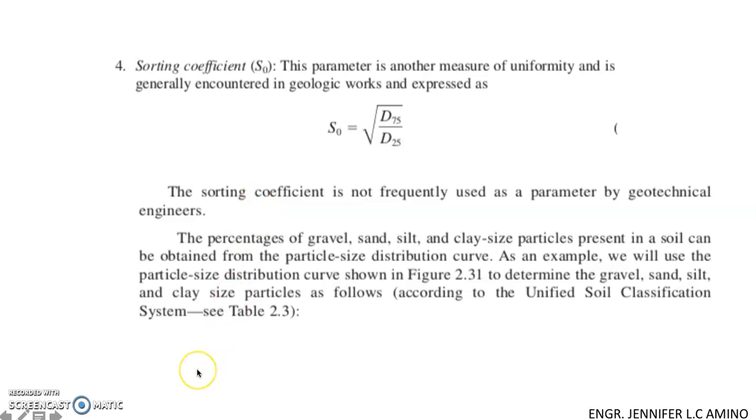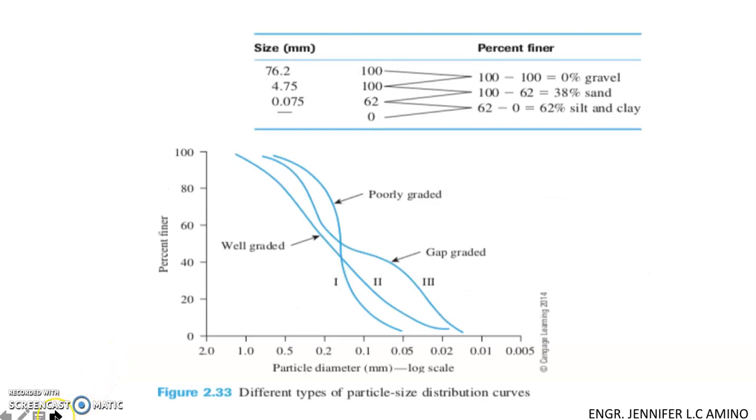So the percentage of gravel, sand, silt, and clay size particles present in a soil can be obtained from a particle size distribution curve. So as an example, we'll use the particle size distribution curve shown in the figure to determine the gravel, sand, silt, and clay particles as shown. So that is according to the USCS, or the Unified Soil Classification System.